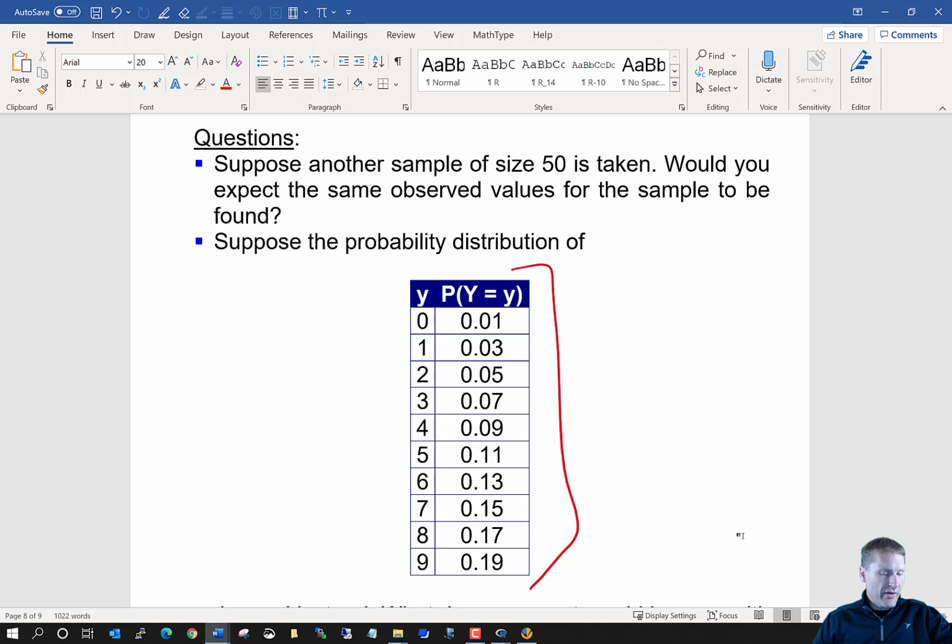So this is actually on page 8. Well, again, what this probability distribution is saying is that about 1% of the time you would get a 0, 3% of the time you get a 1, and so on. It just so happens that the way that these numbers are represented or distributed is a little bit different.